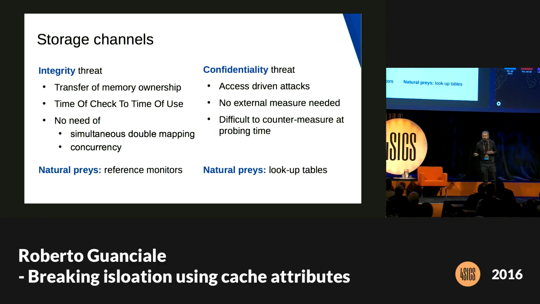And this can be used to build an access-driven attack, where the victim accesses different lines of the cache depending on secret values. There are several cases where cryptographic algorithms have already been attacked using this kind of attack. But usually people use timing to measure which cache line has been evicted.